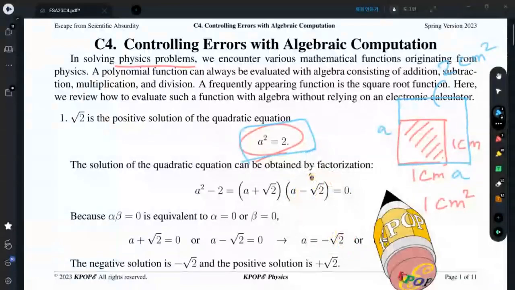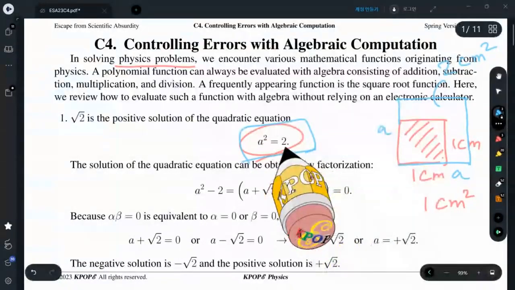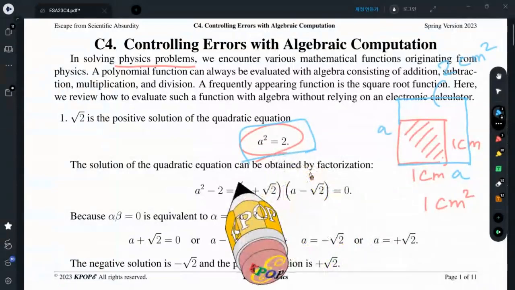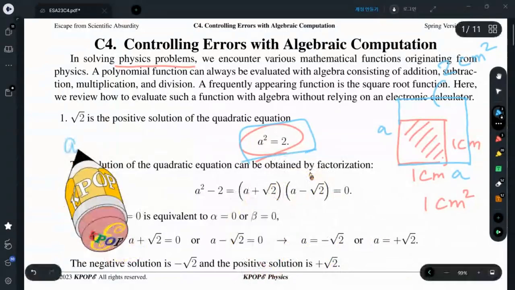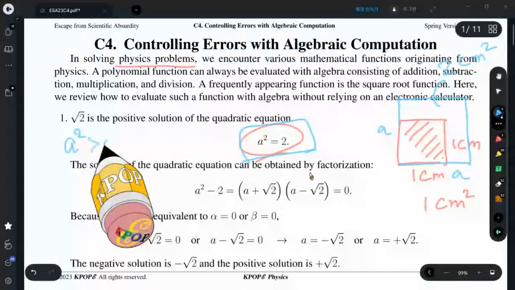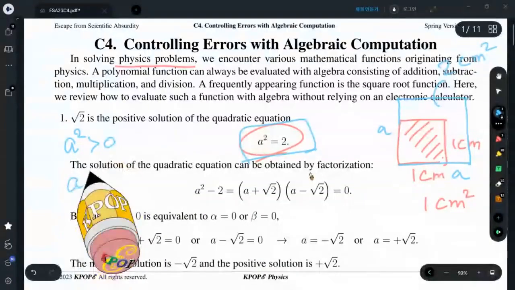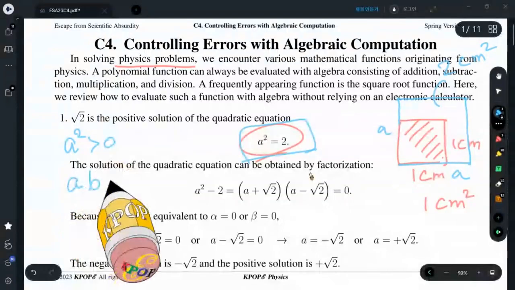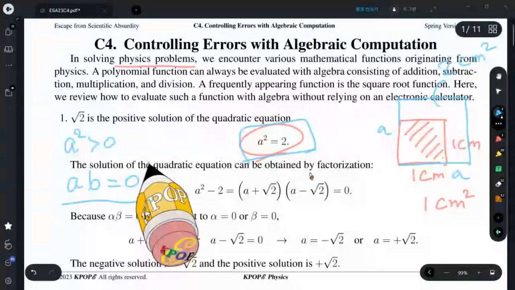Okay, a simple way to find out the answer is factorization. The reason is that we know the square of a real number is always positive. And if I have a product of two numbers equal to 0, it becomes very simple to solve.